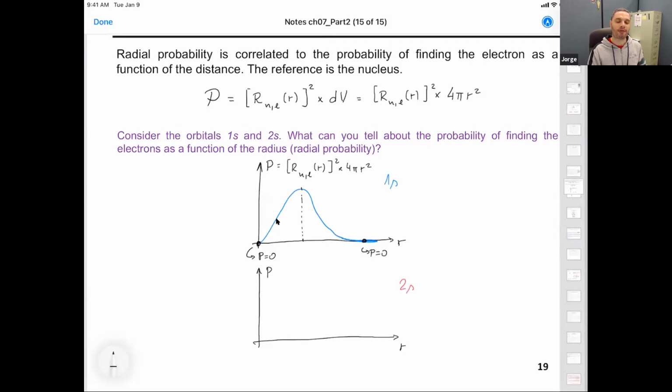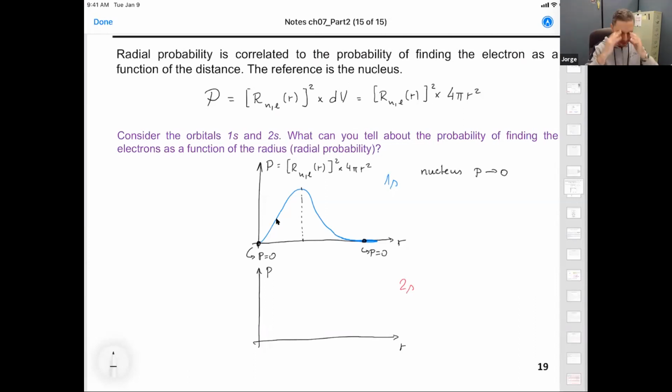Every time you graph probability as a function of the radius, you will have these 2 points where the probability is 0, or in better words, it tends to 0. It's so small that it tends to 0. So always at the point 0, 0, which is our reference, the nucleus, the probability tends to 0.